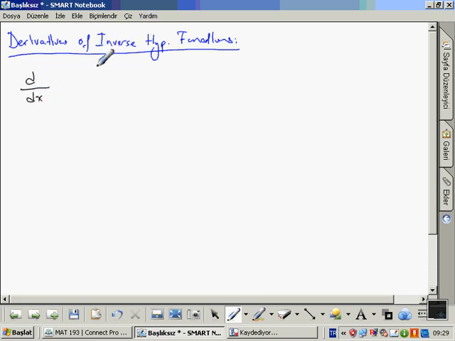Firstly, del over del x of inverse sine hu is equal to 1 over square root of 1 plus u square, del u over del x.